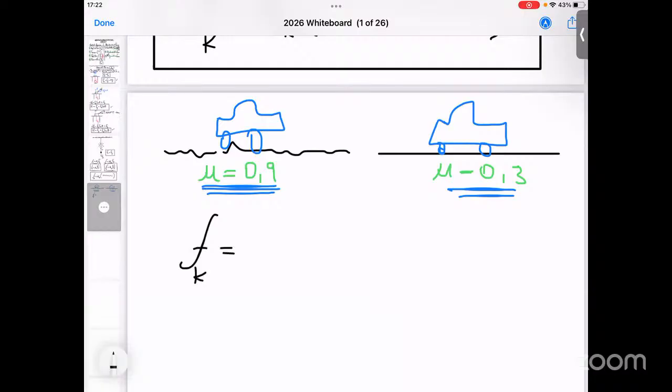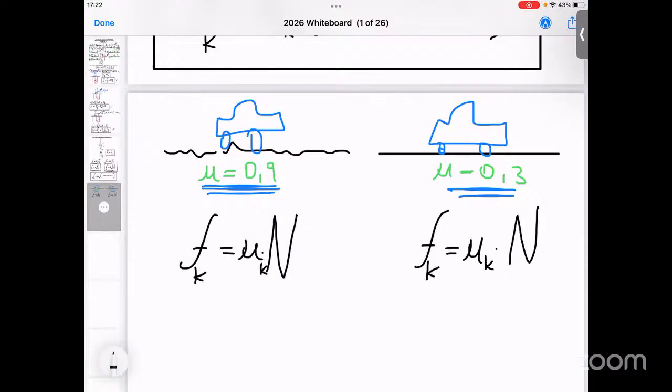Because that mu will be multiplied by the same normal force. Therefore, a different mu will definitely give a different frictional force.